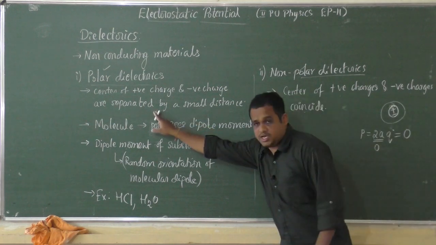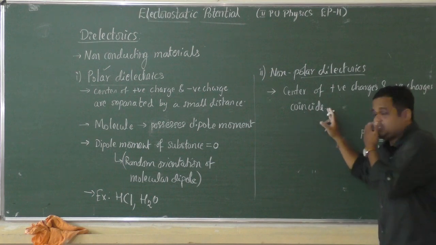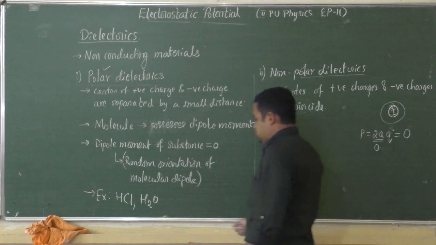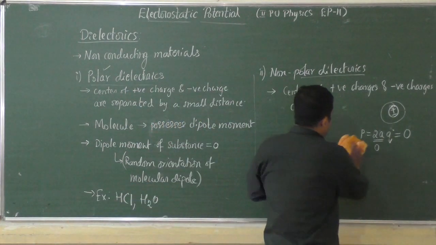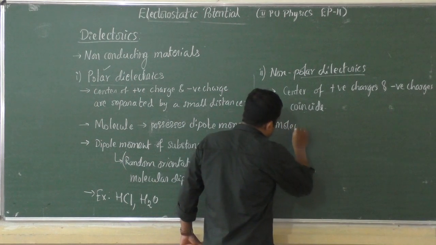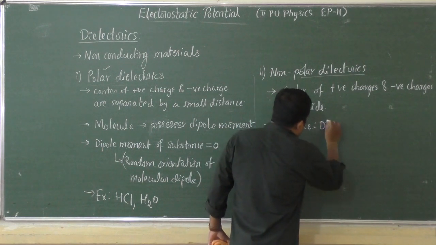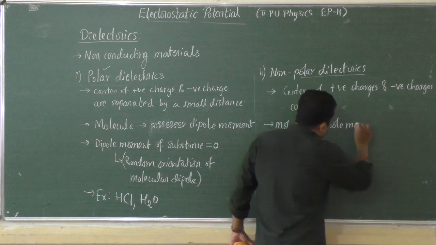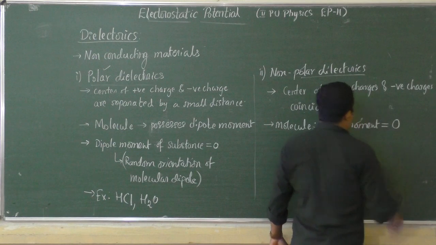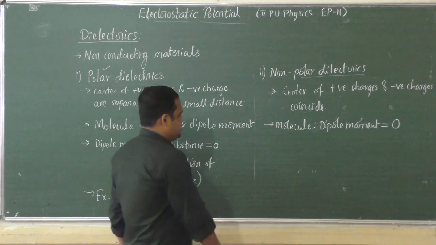In polar molecules there is a separation, but here the center of positive charges and the center of negative charges coincide in case of non-polar molecules. So as an effect of this, if you consider the molecule of a non-polar substance, the dipole moment of the molecule will be 0 because there is no separation between the positive and negative centers or charges.